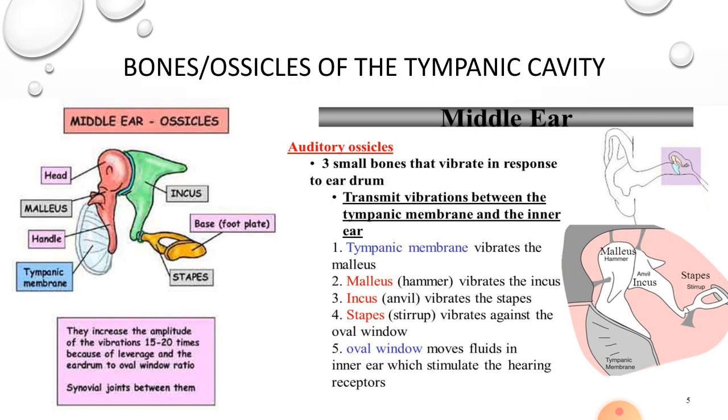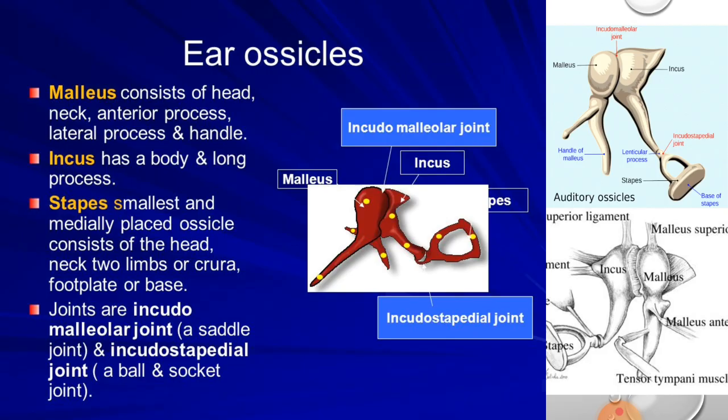The tympanic membrane vibrates the malleus or the hammer, which vibrates the incus or the anvil, which vibrates the stapes, and the stapes vibrates against the oval window. There is an annular ligament which lies between the foot plate of the stapes and the oval window. The oval window moves fluids in the inner ear which stimulate the hearing receptors. This is the mechanism of transmission of sound waves into the internal ear.